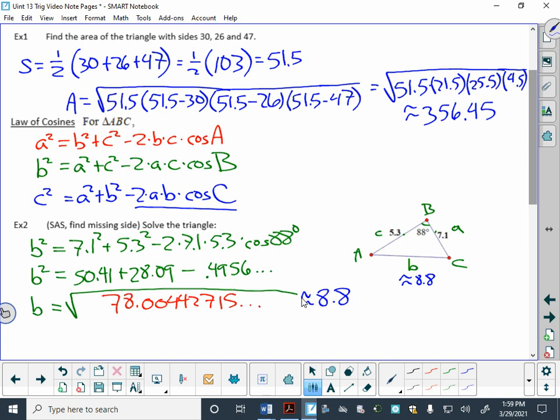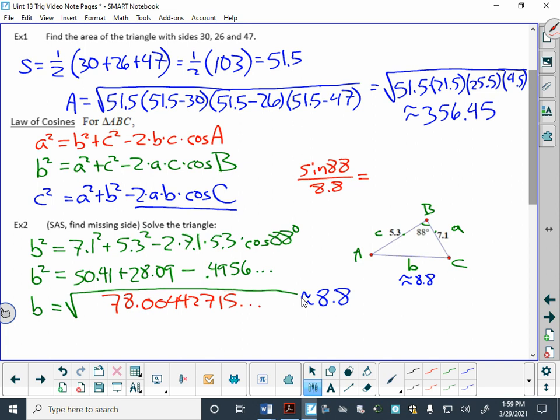It makes sense that it would probably be the biggest side in the triangle with the 88-degree angle there. Now, if I want to find these angles, I'm going to go back to the law of sines to find the missing angles. So I'm going to use the sine of the 88 degrees over the 8.8 that I just calculated, which is an approximation, and so these are going to be at best approximate answers.